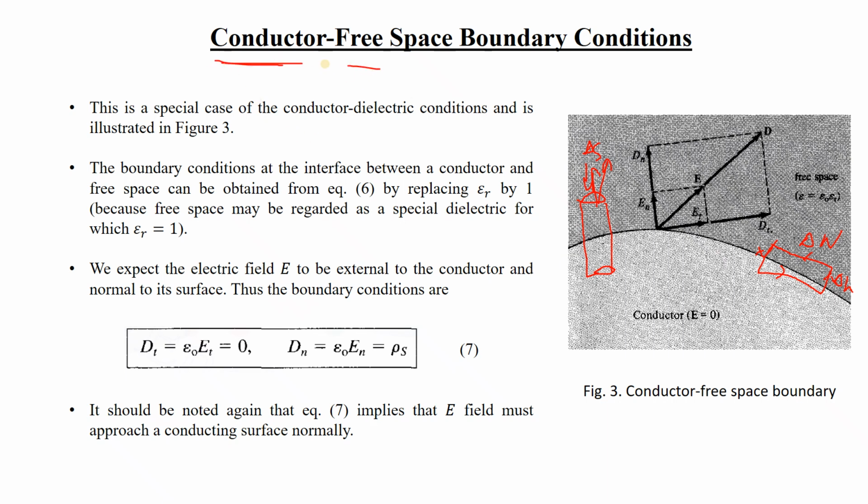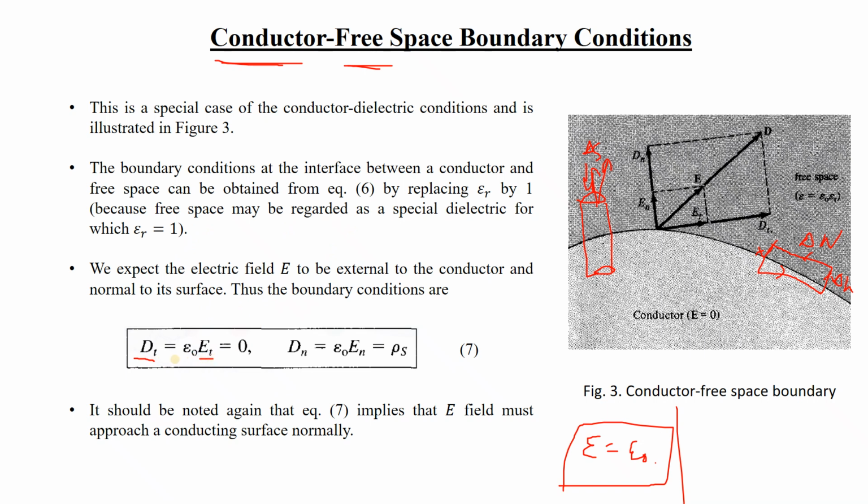The result we got for conductor to dielectric, you will get the same for conductor to free space. The only change is that epsilon equals epsilon naught; in the previous case it was epsilon naught into epsilon r. So epsilon r is missing, and that is why here also the tangential component will be 0.